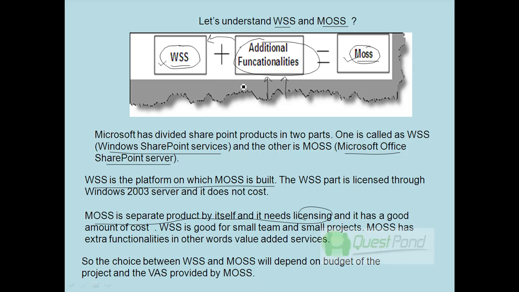Here the development time will increase in case you want these additional functionalities, because you need to build them yourself, right? But in case there is no budget constraint, and second, your requirement matches the additional functionalities, or you can reuse a lot of additional functionalities from it, then definitely you can go for MOS. So the choice between WSS and MOS depends on the budget of the project and the VAS, that is value added functionalities. How much of those functionalities you really want.